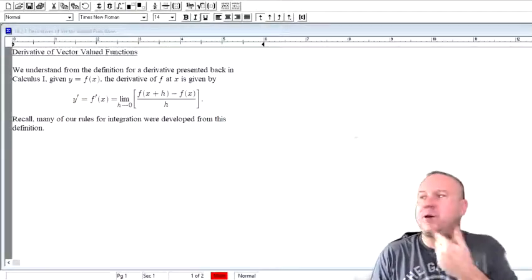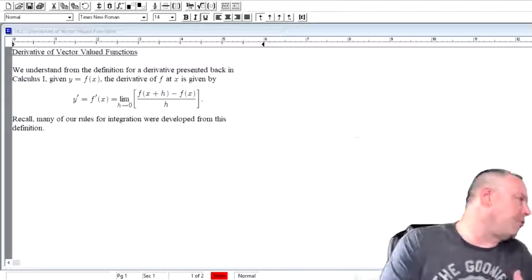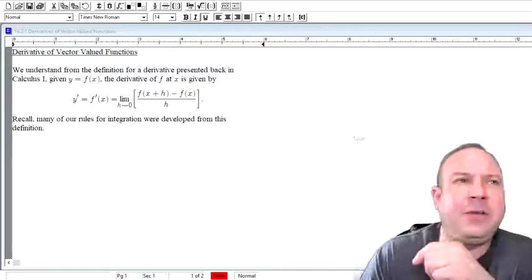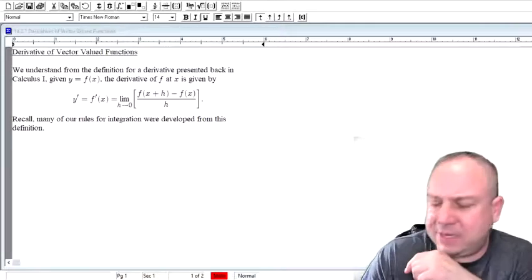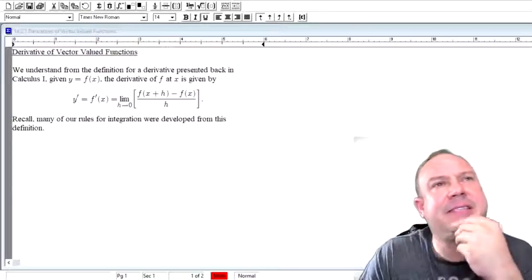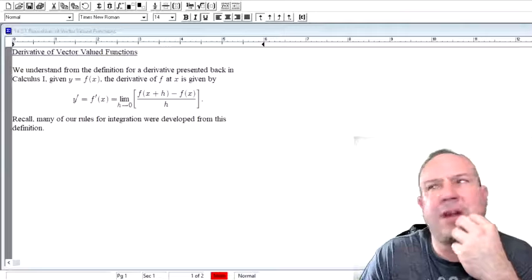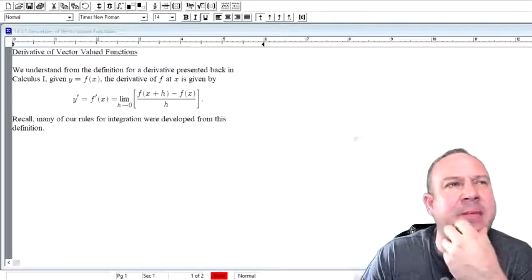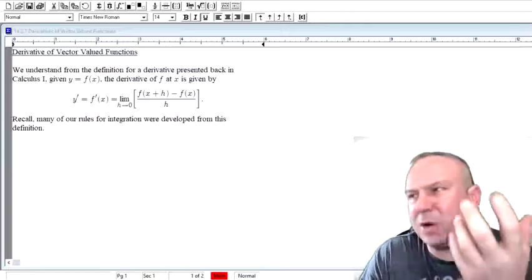So, to begin with, let me bring this over to you here, folks. We are looking at derivatives of vector valued functions, and the idea of a derivative is not new to us. It comes from calculus. It was one of the first applications of our understanding of the idea of a limit, and that is what calculus is.